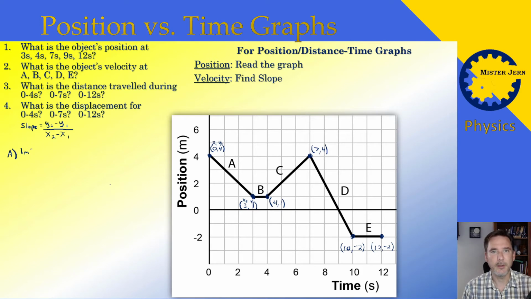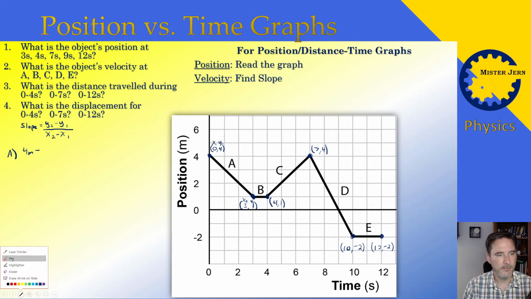Oh, hey, I looked ahead of myself. See, this is why I do this. When you draw and plan out everything, you will catch yourself making mistakes. So y1 is 4 meters. I was right. Not to be confusing or anything.